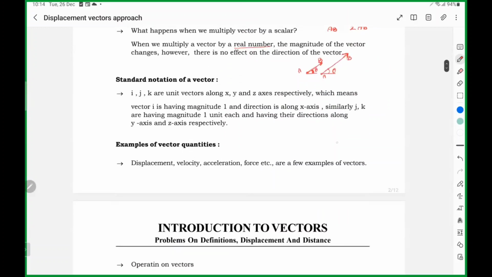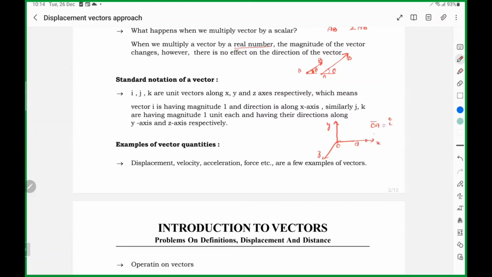And to represent a vector in the standard form, here they defined unit vectors along xyz direction. For one unit along x-axis, i.